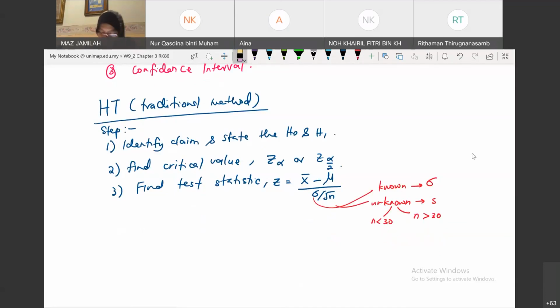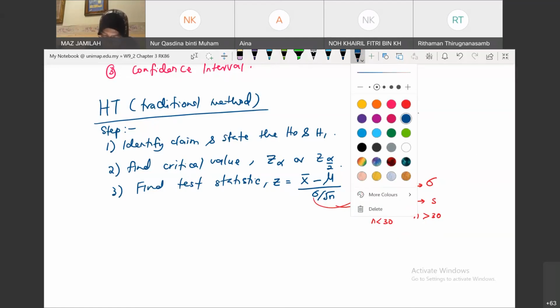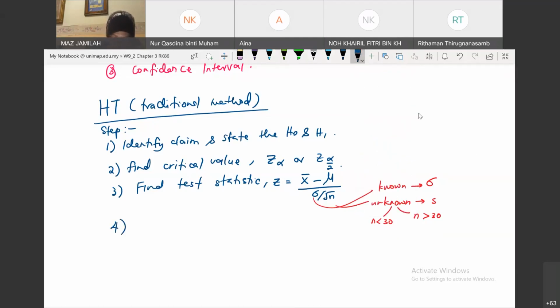Now, let's continue. The fourth step is to make a decision. The decision is always either reject H0 or fail to reject H0.